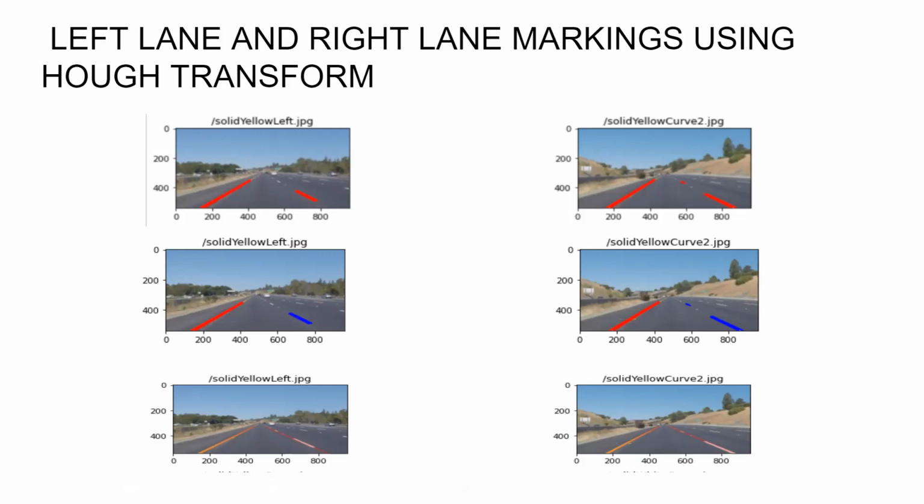So in this simple technique of OpenCV to obtain the lane lines, we have tried to fit the coordinates we have obtained into a linear curve, and we have extrapolated the lines as seen here at the bottom row.